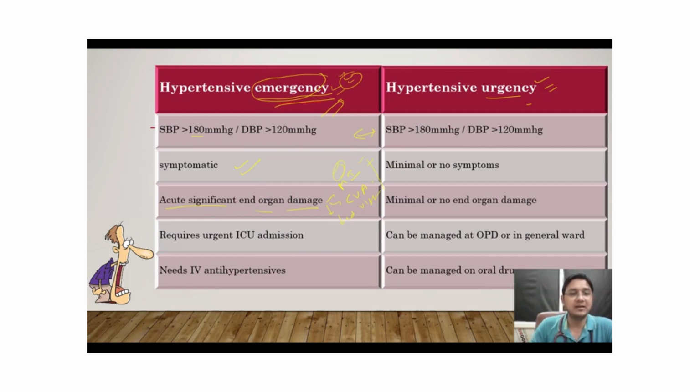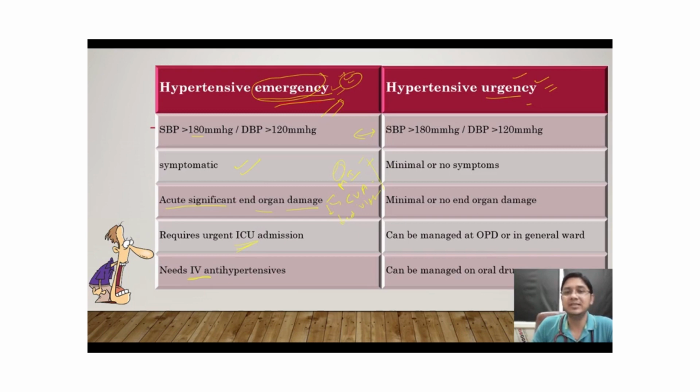So these are the few common symptoms by which we can know that there is end organ damage. For the hypertensive emergency, we need to admit the patient in ICU and start IV antihypertensives. So once the patient comes to you with an emergency, we might need an IV antihypertensive to control the BP efficiently. Later on, we can shift the patient to oral drugs.